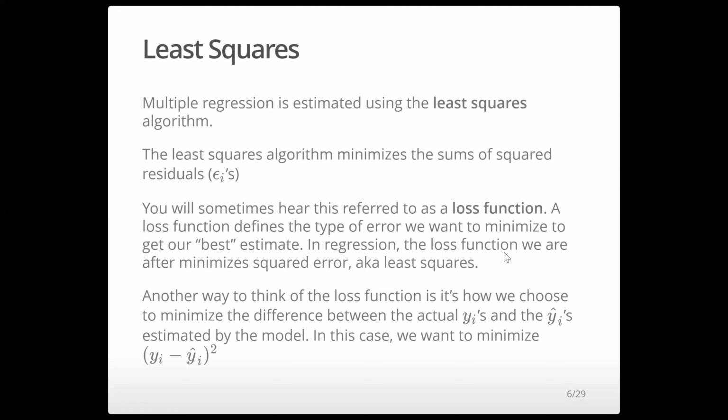So in regression, the loss function we're using is least squares because we're trying to minimize squared error. Another way to think about this is that we're choosing to minimize the difference between our actual y's and the y's that are estimated by our model. In this case, we're minimizing the squared difference between our actual y's and our estimated y's.